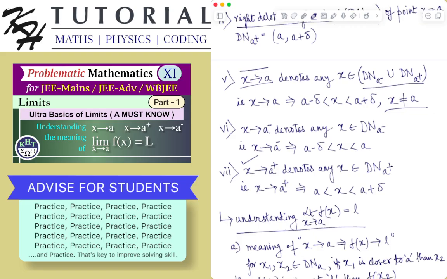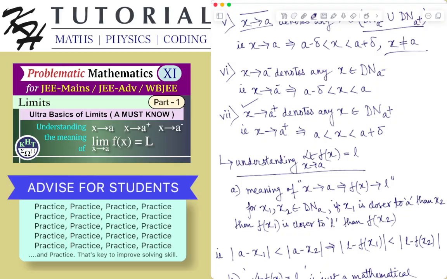Okay, so that was all about x tending to a, or x tending to a plus, or x tending to a minus. Now, what do we mean by this? Now this is a mathematical notation. If I want to express this mathematical notation in plain English, I will say the limiting value of f(x) when x tending to a is L. You have to be very, very clear about what language I am using.